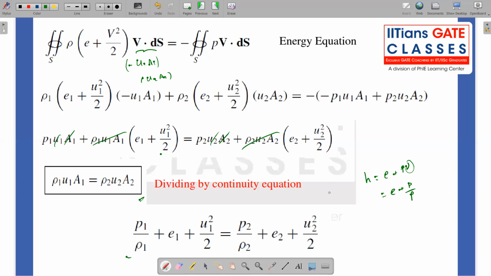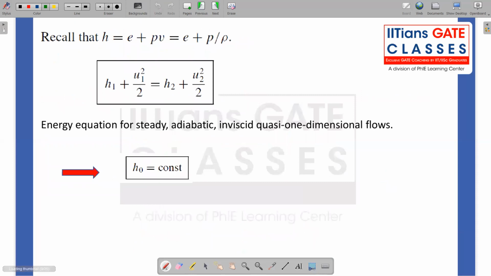So E plus P by rho is nothing but enthalpy. So it basically becomes H1 plus U1 square by 2 is equal to H2 plus U2 square by 2. This is a well-known form of the energy equation. We already saw it multiple times. So even for quasi one-dimensional flow, it looks like this only.